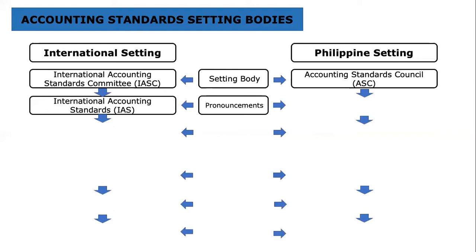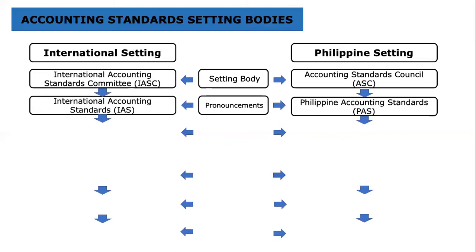And the counterpart of this IAS in the Philippines is called Philippine Accounting Standards. Therefore, IASC created the standard IAS, while in the Philippines, Accounting Standards Council created the standard or pronouncement Philippine Accounting Standards.